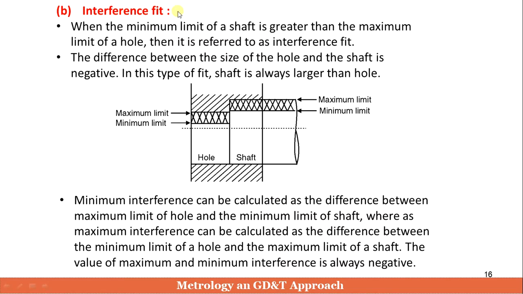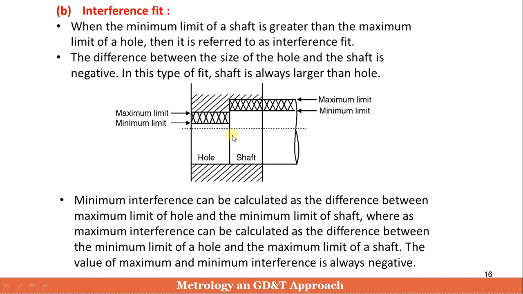Then interference fit. How do we understand interference fit? The minimum limit of the external feature, the shaft, is greater than the maximum limit of the hole, the internal feature. That means the fitment between these will be with the help of some external hammering force, or different external forces are required to get the fitment.